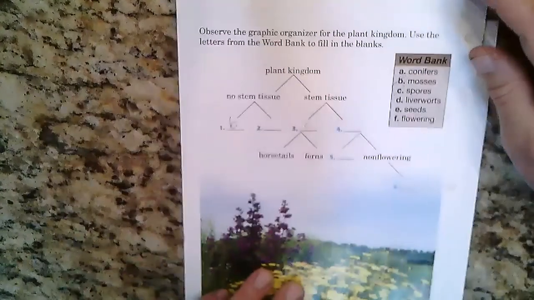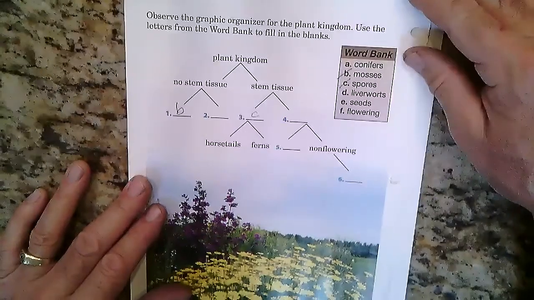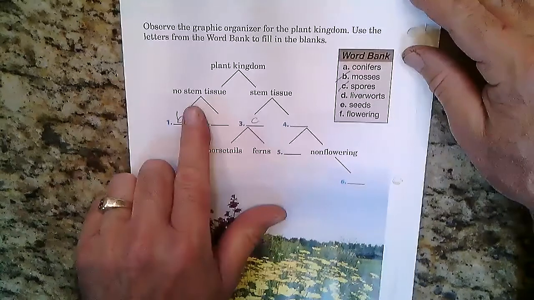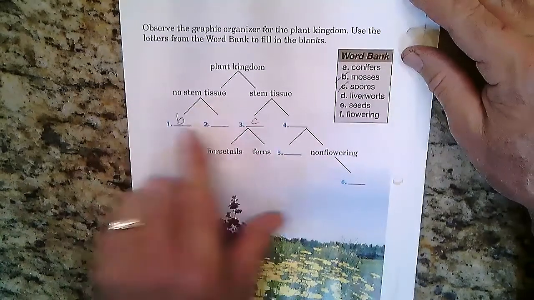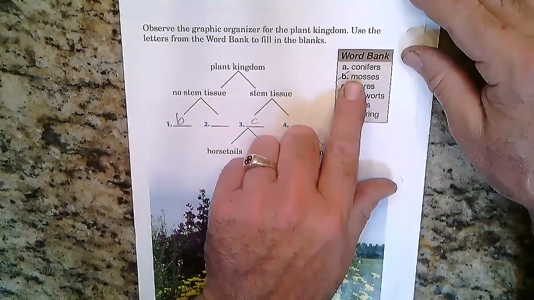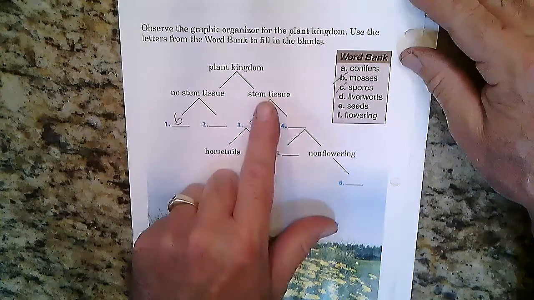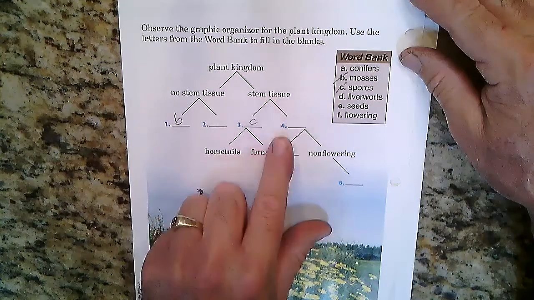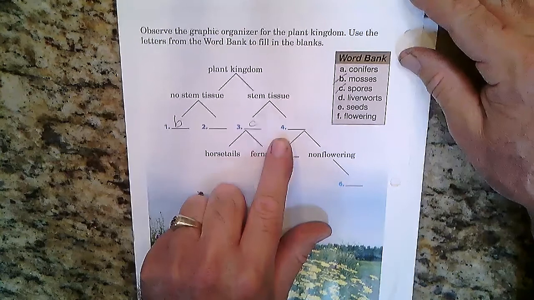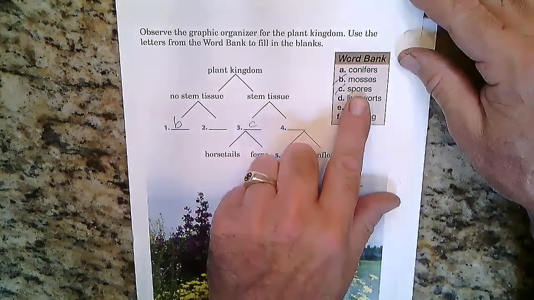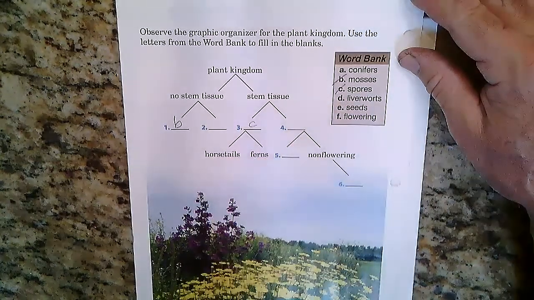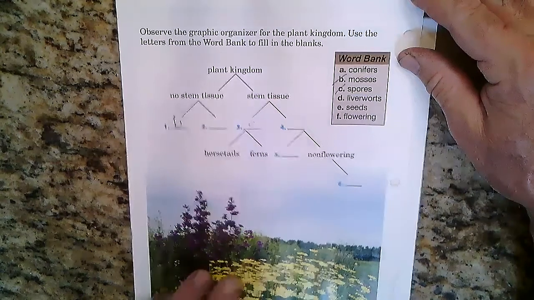On the next page, it breaks that down into a classifying like we've talked about for the plant kingdom. No stem tissue, again, that would be like mosses that grow on the ground. And with stem tissue, that would include plants that have spores, and one that would have spores and a stem would be, for instance, a fern.